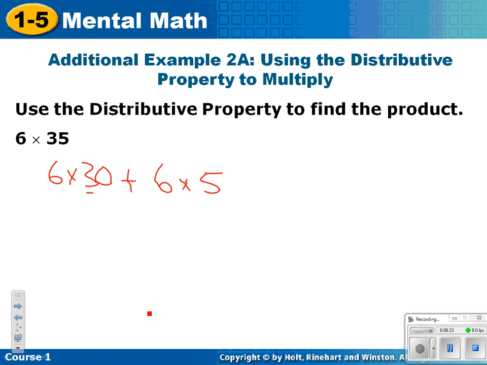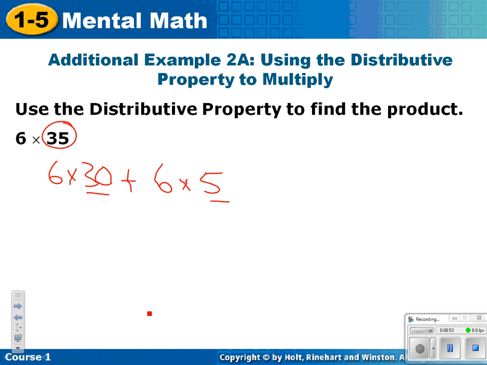Because this 30 and the 5, this is where that comes from. Are those two things that you can multiply together really pretty easily? Absolutely. So I'm breaking this 35 into a 30 plus 5 and then multiplying 6 to both parts of it. I'm distributing that 6 to both parts of it.